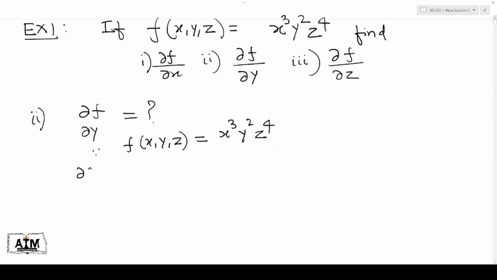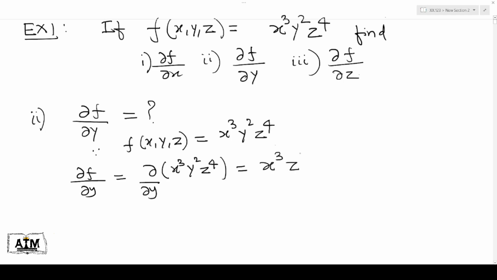So, dou f by dou y equals the partial differentiation of x cube y square z raised to 4 with respect to y. We take the constant terms outside of the operation, that is x cube is a constant and z raised to 4 is a constant. Now the one left is y square.